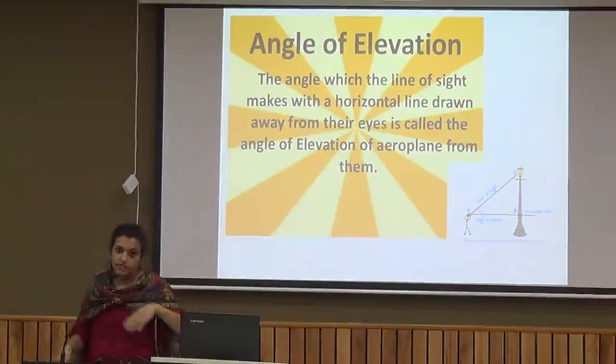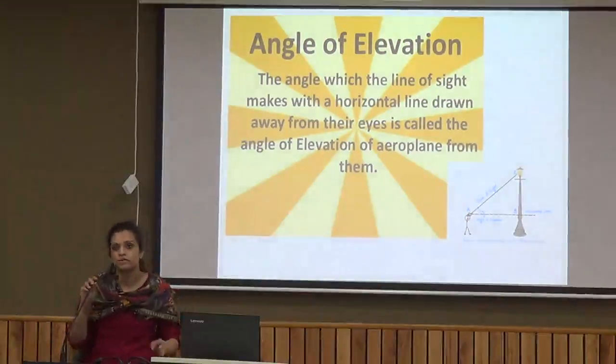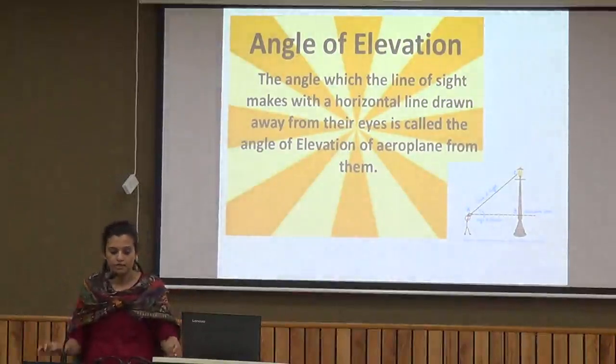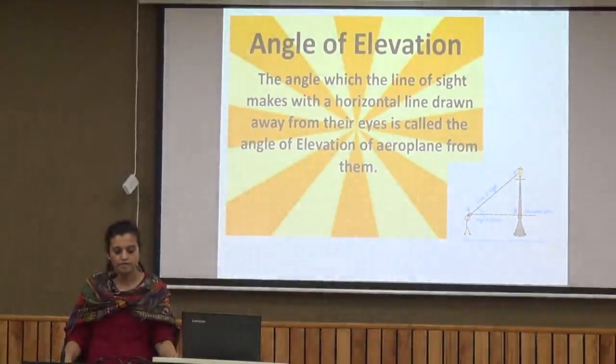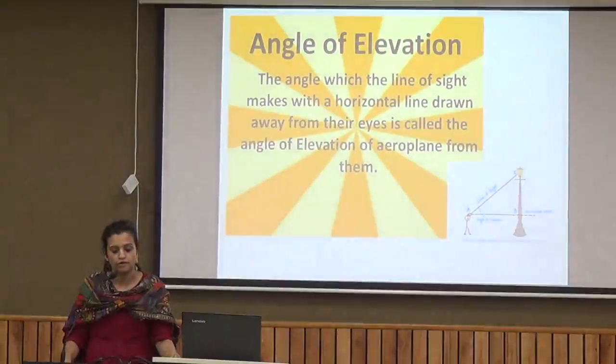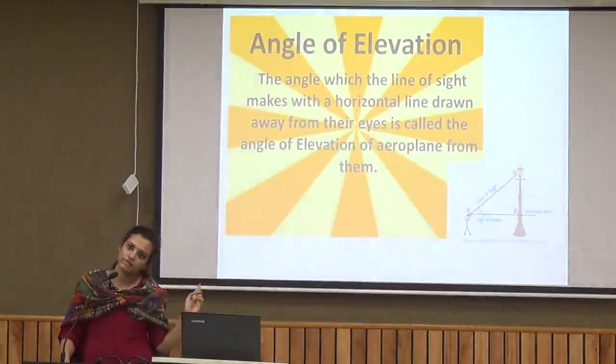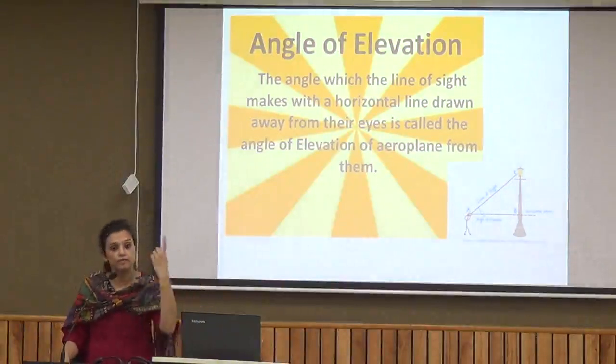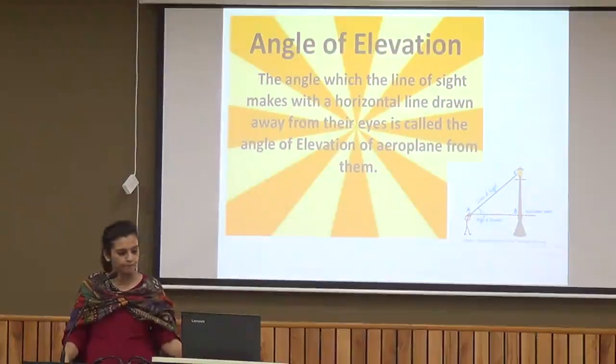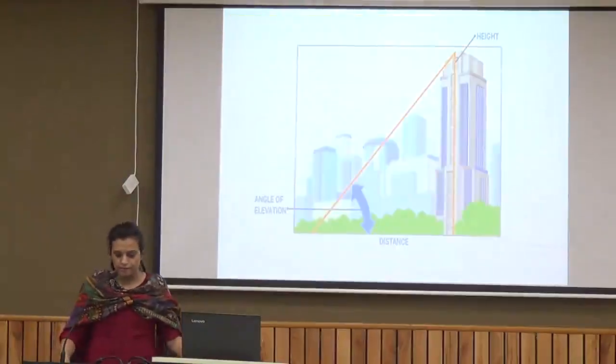The angle with which I have to elevate or lift up my eyes is called the angle of elevation. Look at the definition: the angle which the line of sight makes with the horizontal line drawn from the eyes is called the angle of elevation. Connecting it to the previous example, this is the angle of elevation of the aeroplane from them.